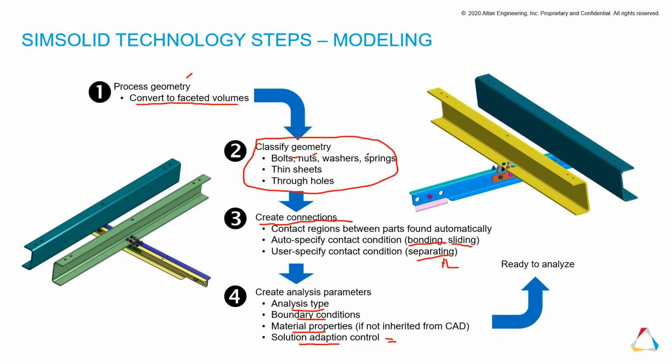Right. So here it says if it's not inherited from CAD. Right now, if you're reading CADs from SolidWorks or CATIA, we can carry over the materials. If you already define them in your CAD, we can carry over the materials, right, by reading the metadata and applying them accordingly.